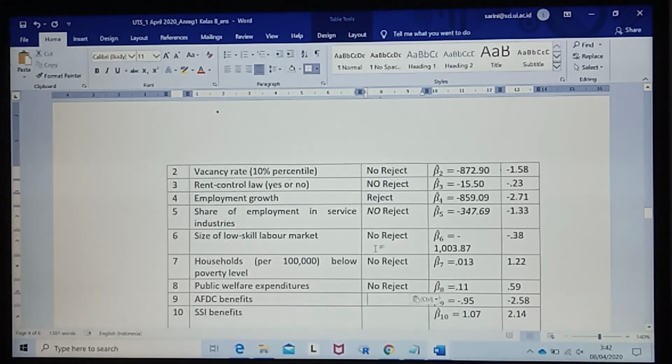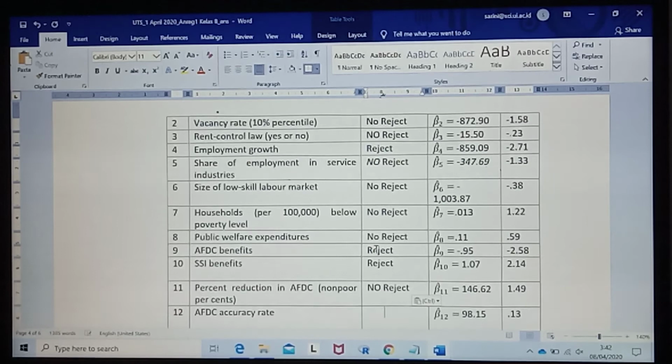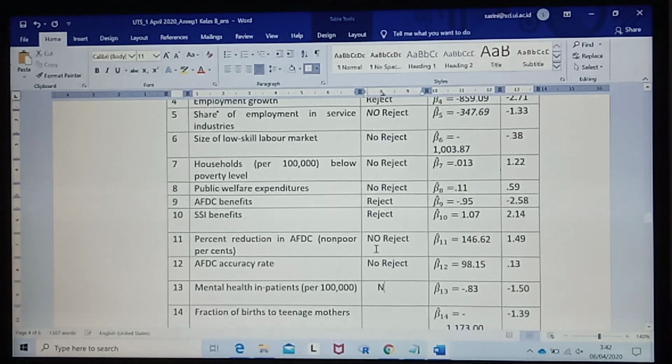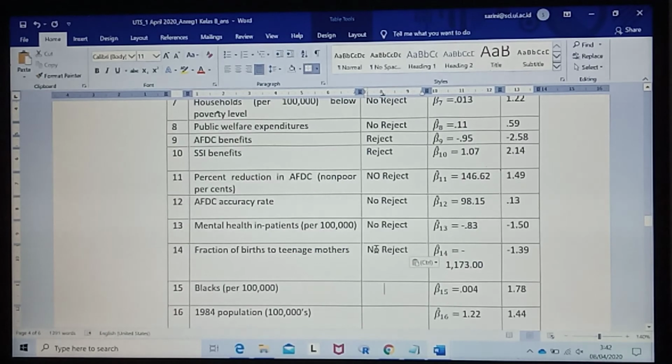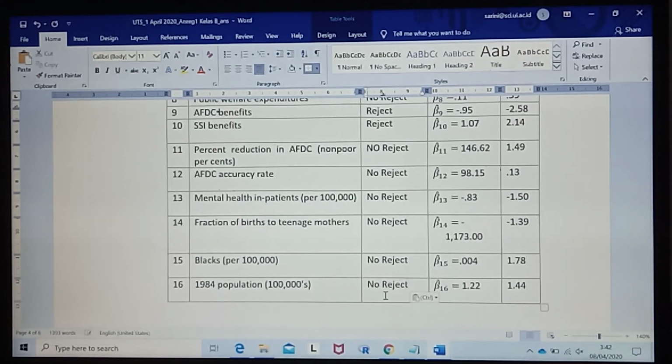Minus 2.58, reject. 2.14 greater than 2.0305, so reject. Here we don't reject the null hypothesis, and this one also we don't reject it. Here also we don't reject it.